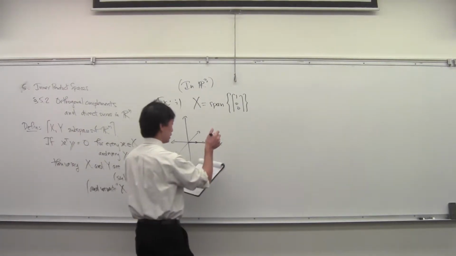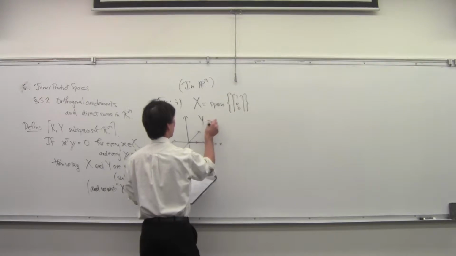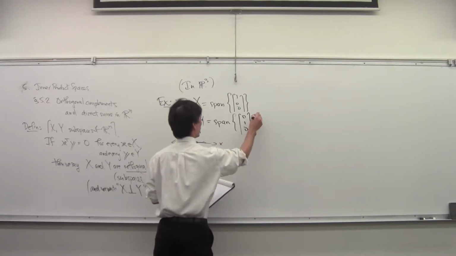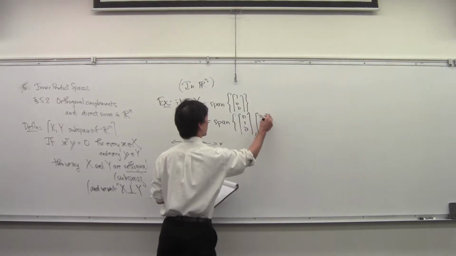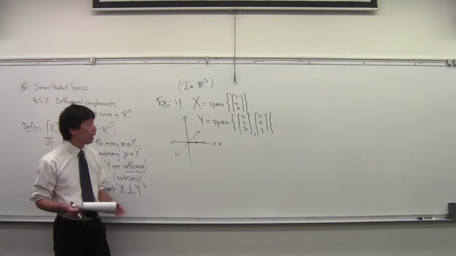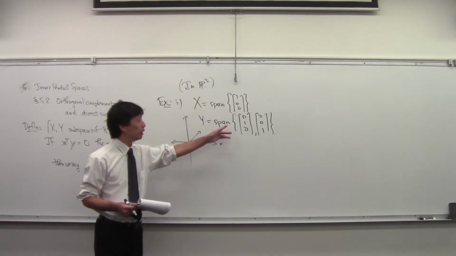And let Y be the span of (0, 1, 0) and (0, 0, 1). So Y is the yz plane.